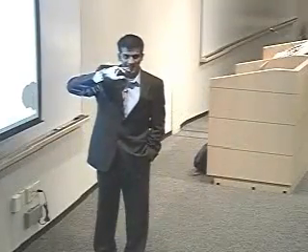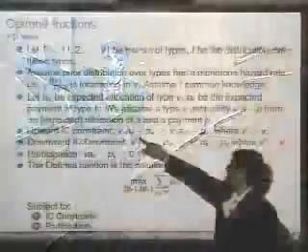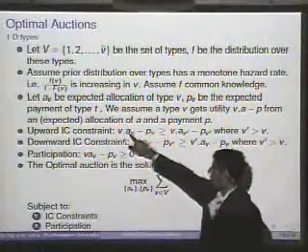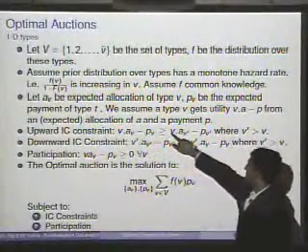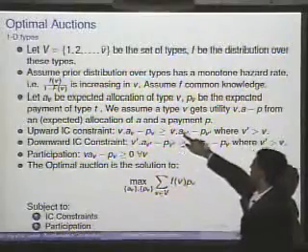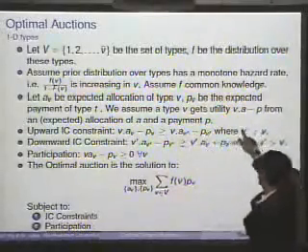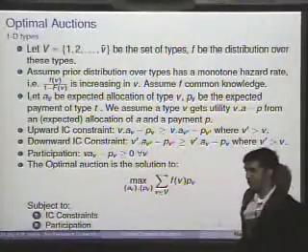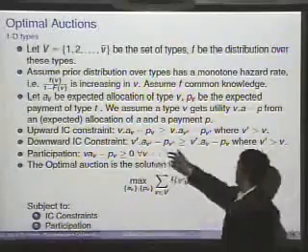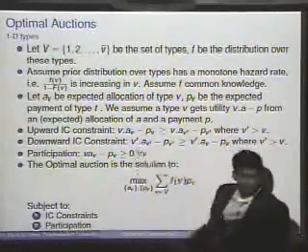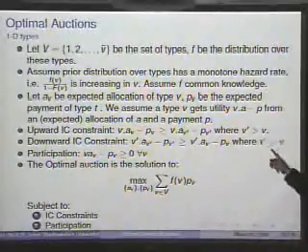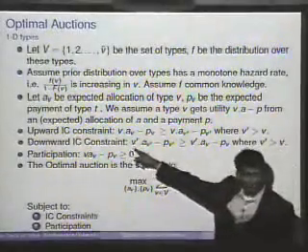So here, this is the utility of an agent V from announcing V. Here, the agent's true type is V, but he announces V prime, where V prime is greater than V. And the incentive constraint says that he does not gain from doing so.